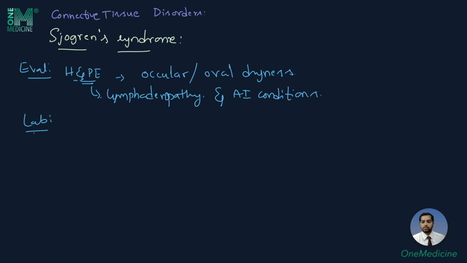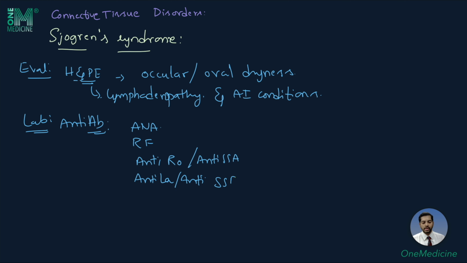Laboratory investigations include presence of antibodies, that is autoantibodies. Important ones include anti-nuclear antibody, rheumatoid factor. Patients are also classically known to have anti-Ro or anti-SSA antibody or anti-La or anti-SSB antibodies. Other laboratory features include elevated erythrocyte sedimentation rate and C-reactive protein.